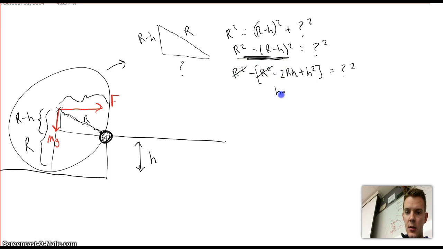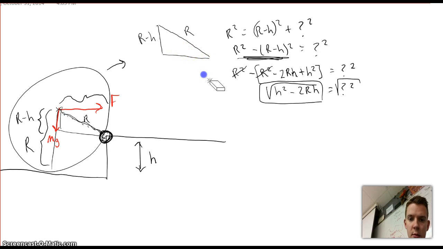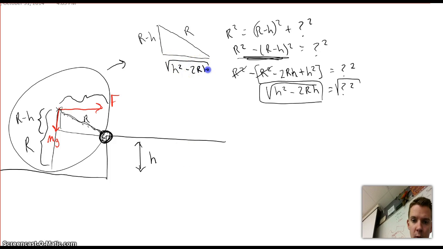We've got h squared minus 2rh equals question mark squared, and if I square root both sides, this value right here is this side of the triangle. And so we proved what the question asked us to prove. So I'm just going to write that here now and then erase the rest of that. And I could simplify it a little bit further, but I'll just leave it like that.